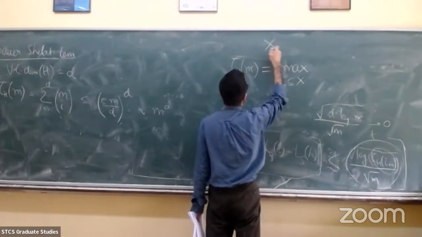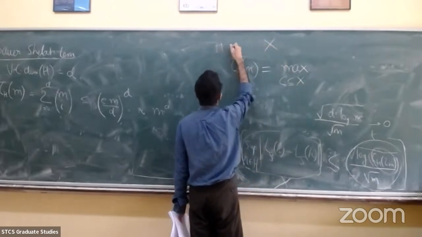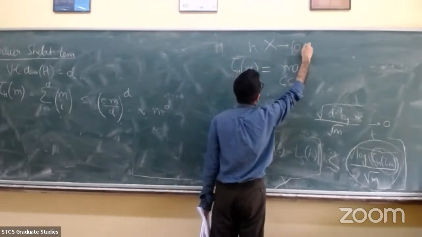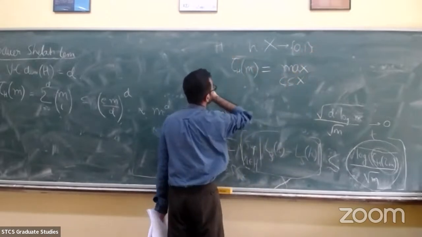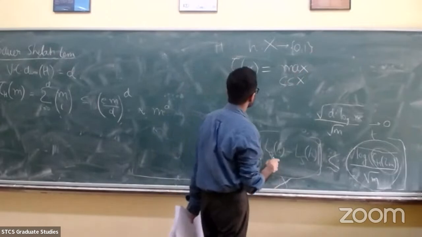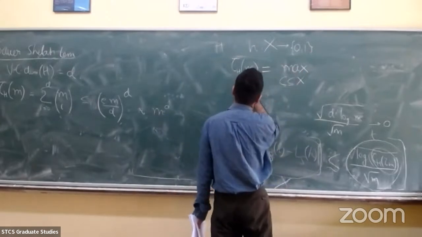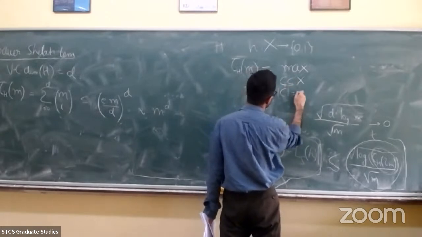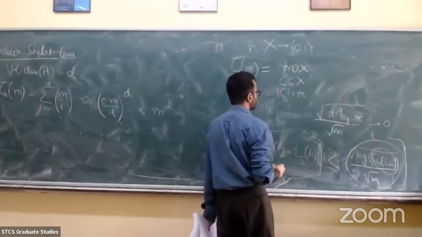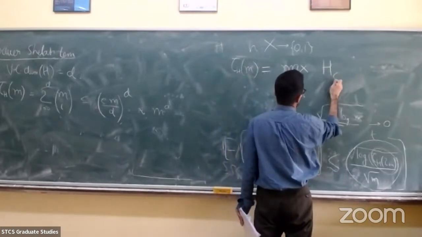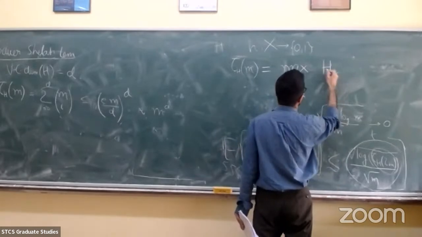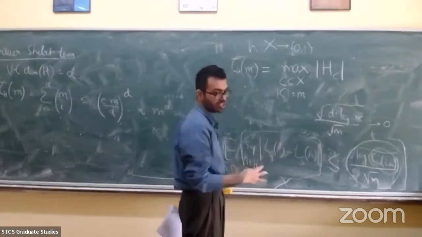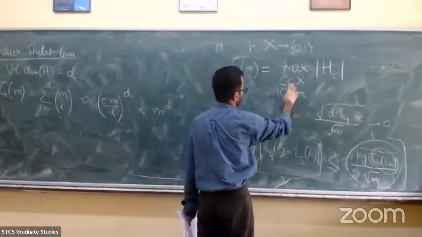We have some ground set X, and H consists of functions h from X to {0,1}. So tau_H of m is the maximum over all subsets C of X of size m of the size of H_C. What is H_C? H_C is the restriction of H to the set C.